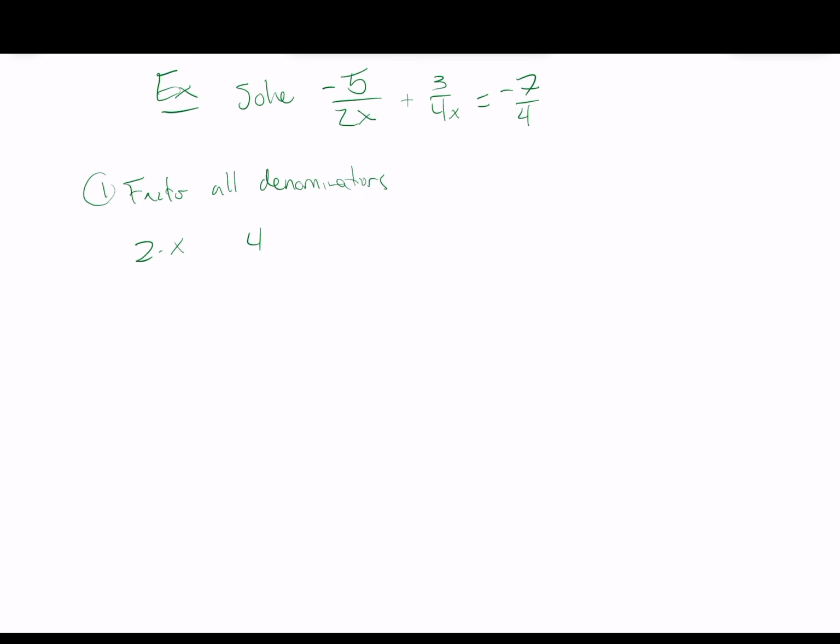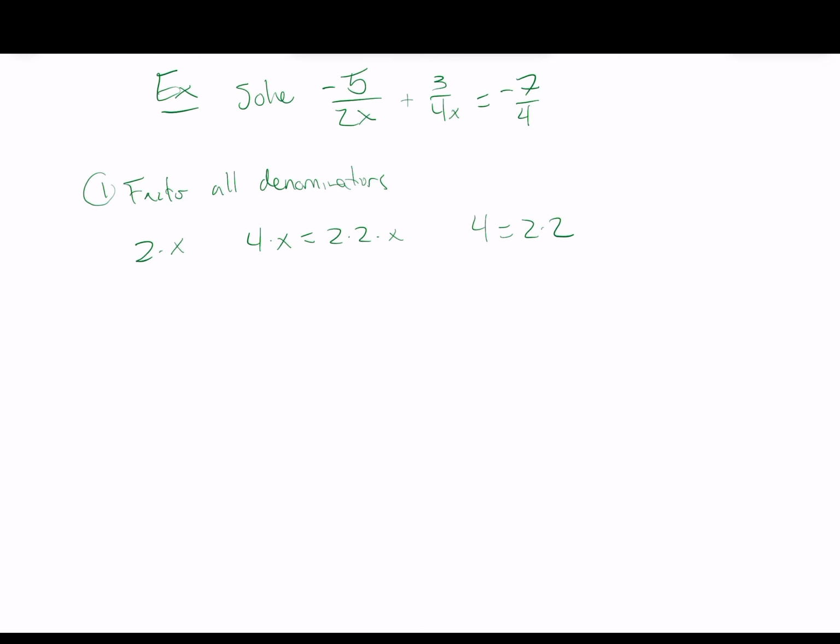The second one is 4 times x, or 2 times 2 times x. And the last one is 4, or 2 times 2. So what factors have to be in our LCD? Well, we'll talk about that in just a moment, but first we need to see what values of our variable will cause the denominator to be 0.